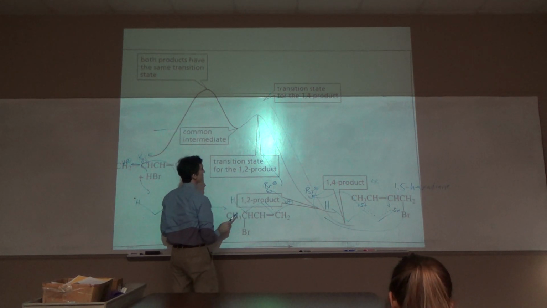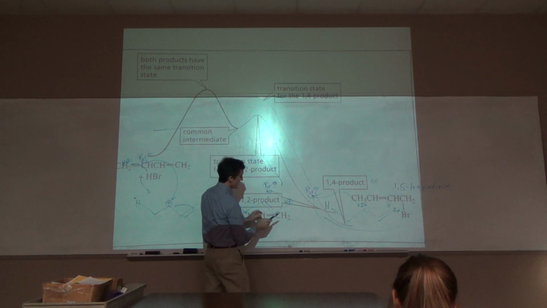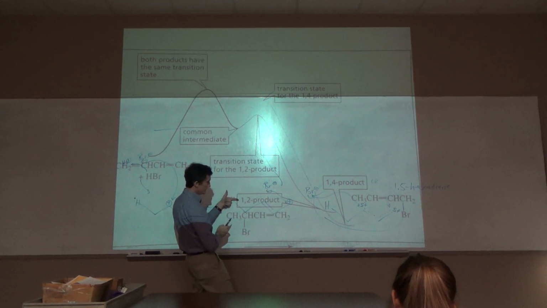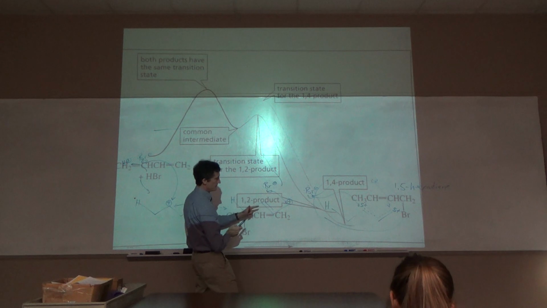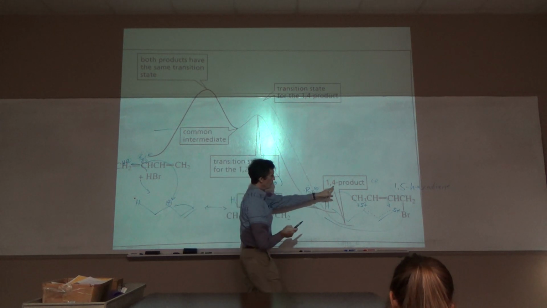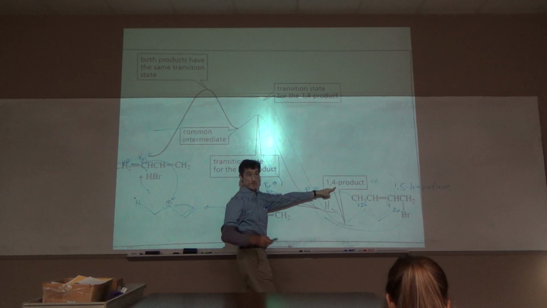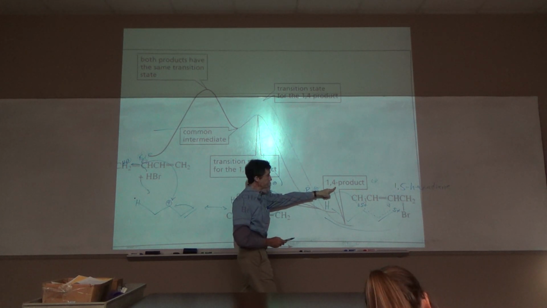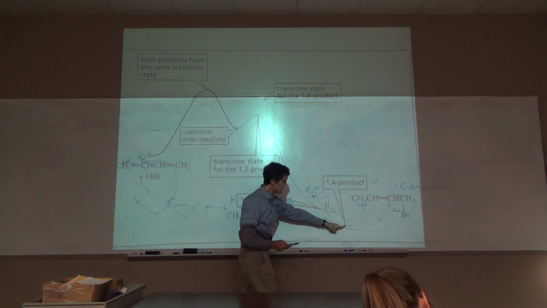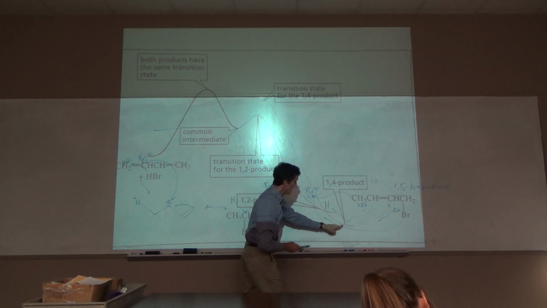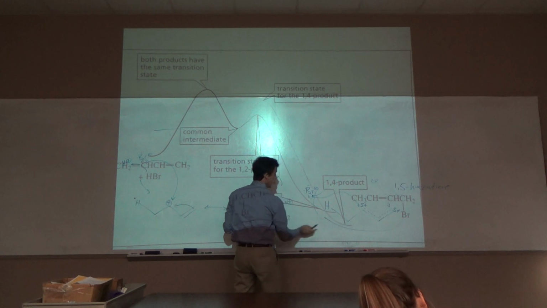From there we get a difference. We can either get the 1,2 product or the 1,4 product. The 1,4 product's more stable, right? It's thermodynamically more stable. We said that. Alex told us what? So it's lower. What about the transition state leading to that?